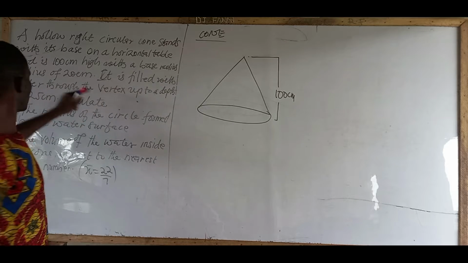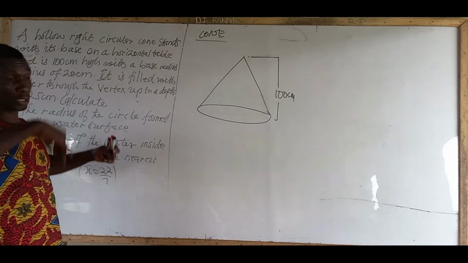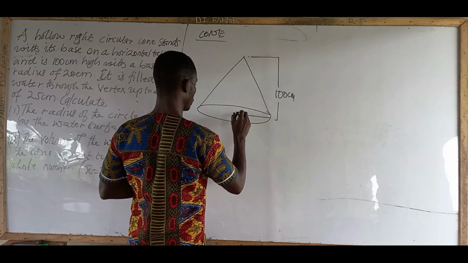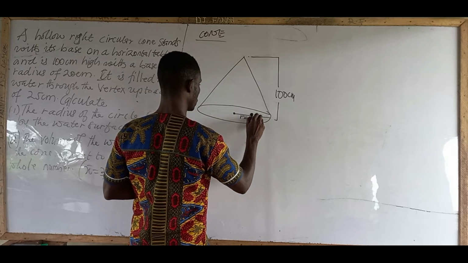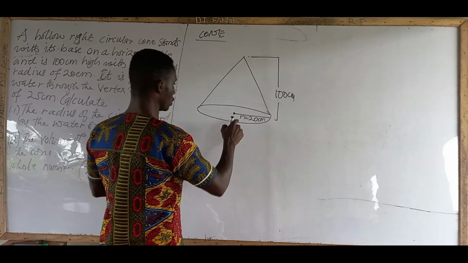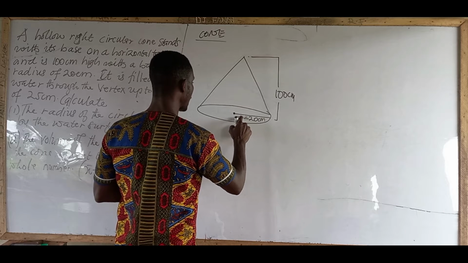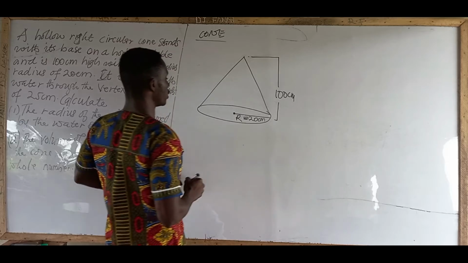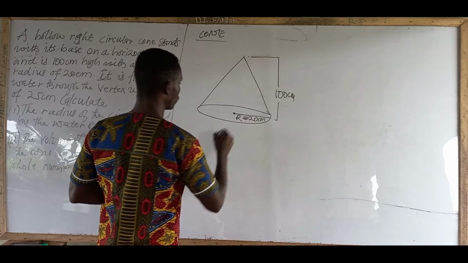With a base radius of 20 centimeters. This base radius capital R is equal to 20 centimeters, the radius of the cone.